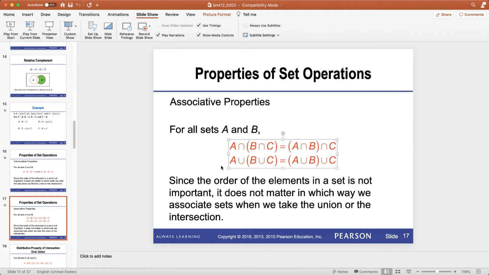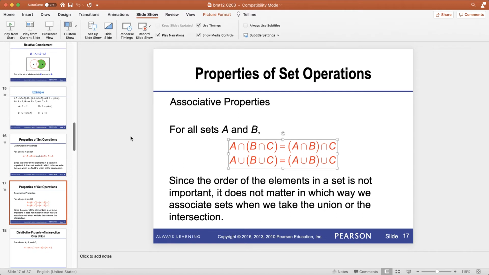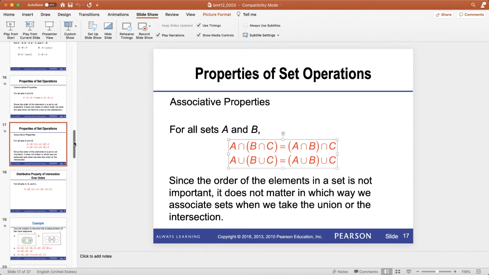You can do B union C and then union with A, or A union B and then union with C. The order of that is irrelevant. Just like addition, you could do 1 plus 2 first and then plus 3, or 2 plus 3 and then plus 1. The order doesn't matter. So the associative property holds for these set operations, intersection and union, just like addition. Again, not subtraction.